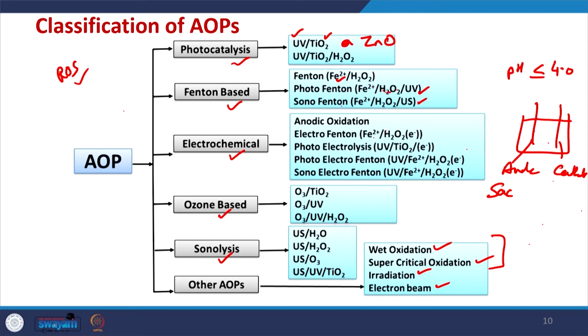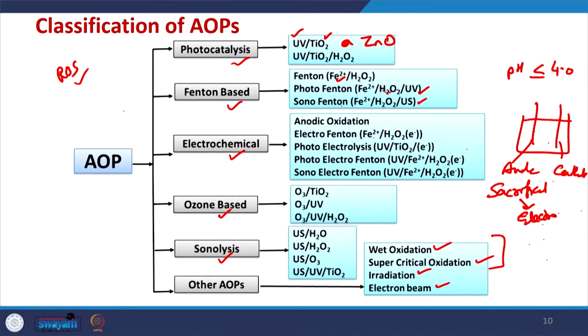So, if it is sacrificing itself, then we have the process which is called electrocoagulation. This is a well-known process, but it is not like advanced oxidation processes, because we are doing the coagulation by adding the coagulant in situ during the wastewater treatment, and that coagulant is coming from the anode.